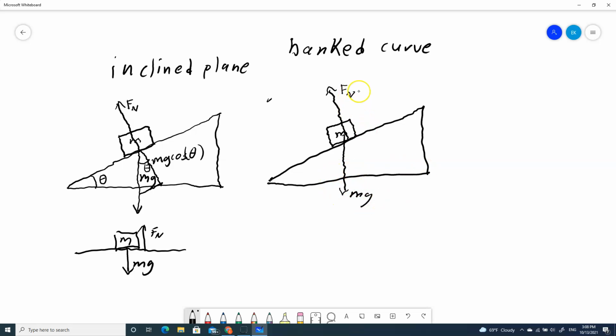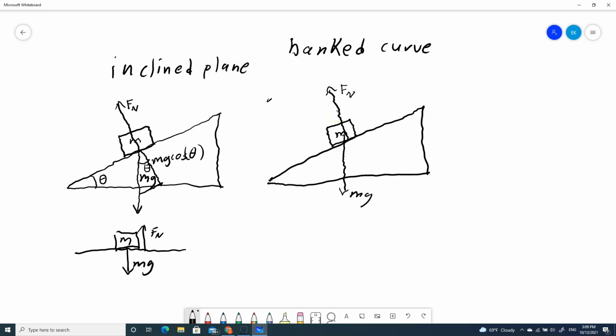The force normal in this case is going to be greater than the force of gravity because it can now fully oppose this downwards motion of m, just like in the flat plane, except we see that the force normal is tilted. So, to find the vertical component of the force normal, we're just going to do this. I'm going to draw it right here.